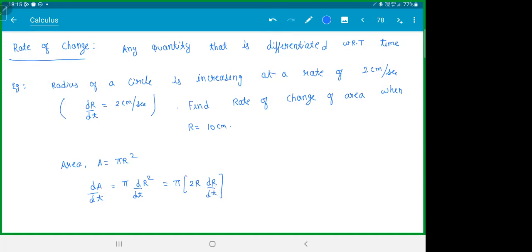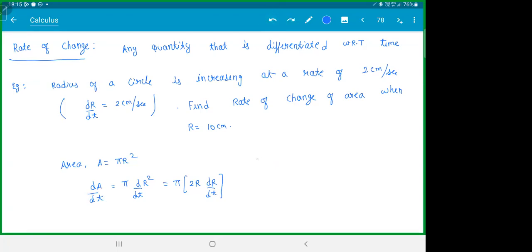Since you're differentiating a function which is not time, suppose if it had been t square, t square ka differential will be 2t dt by dt, that used to become 1. So we always used to write 2t. But here you're differentiating, look at what is happening. A is depending on r, but you're differentiating with time. This is one way to write it.